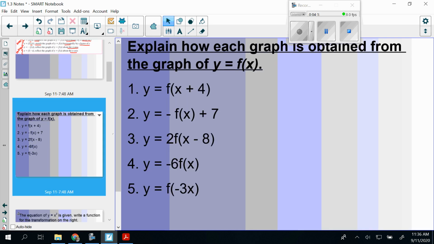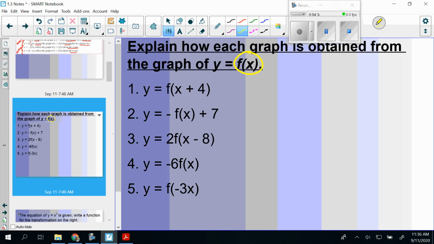All right, let's see if we can, just by the function, explain what's going to change the function from what we started with here of just f of x. So the first one, a +4 inside of the function, it's inside first off, so we know it's going to be horizontally.